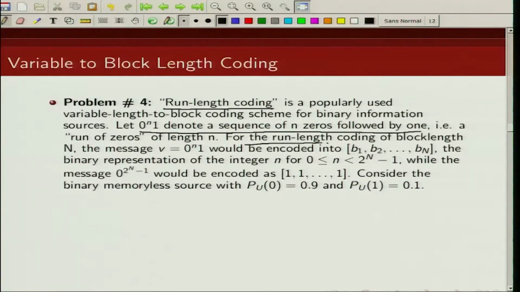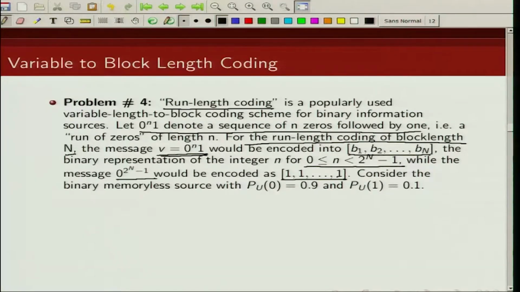For run length coding of block length n, the message, which is a run of n zeros followed by a 1, is encoded into a code word of length n, which is essentially a binary representation of the integer n, where n lies between 0 and 2 raised to the power n minus 1, and the all-zero sequence is encoded as all ones.